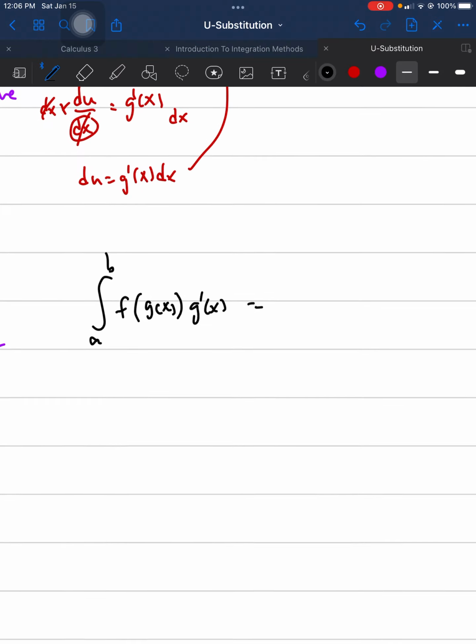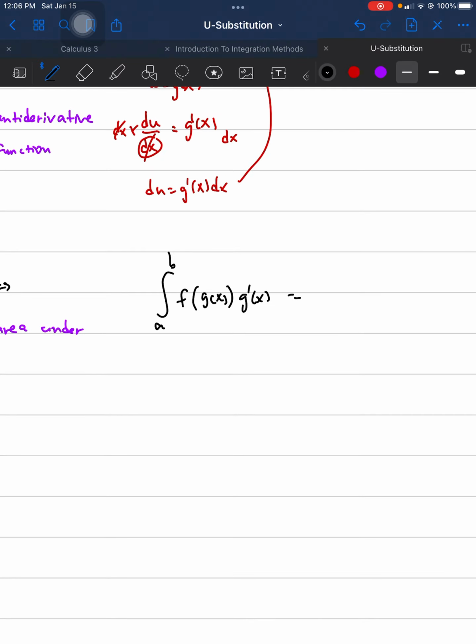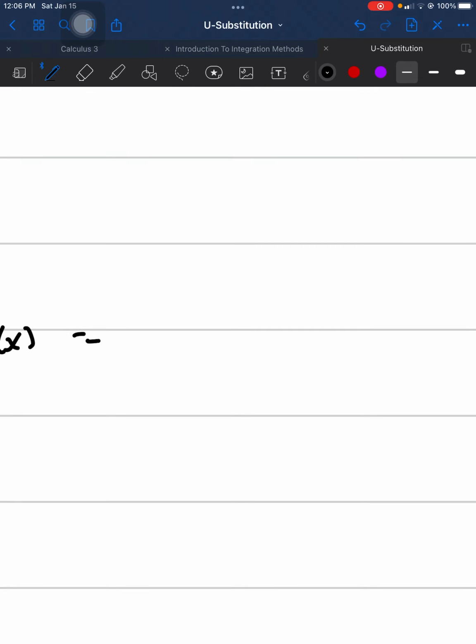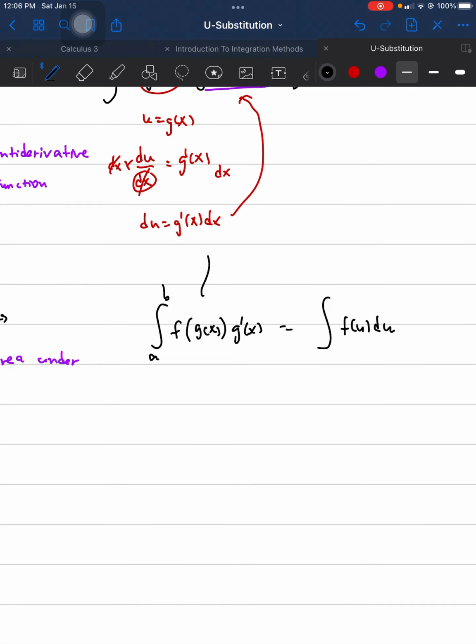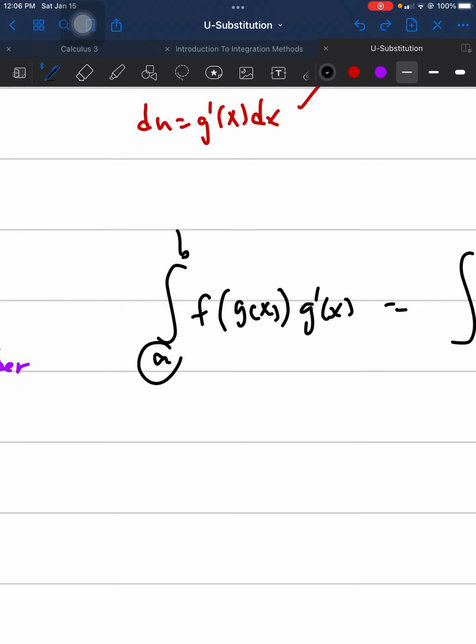And when we do this, once again, we want to switch everything to be in terms of u, right? So we can do the same thing as indefinite, f of u du, and it's the same process here. But in this case, we have bounds that were associated with the variable x.